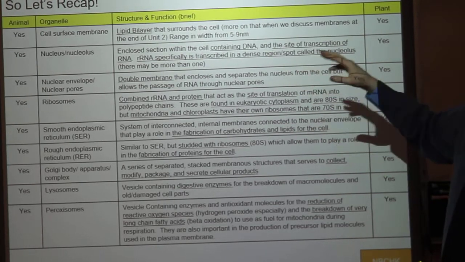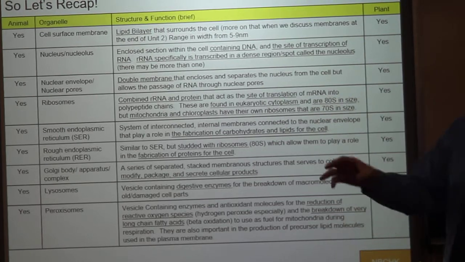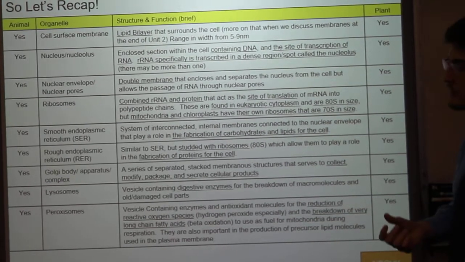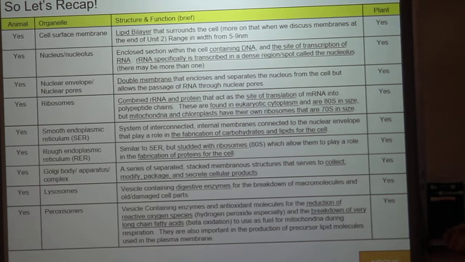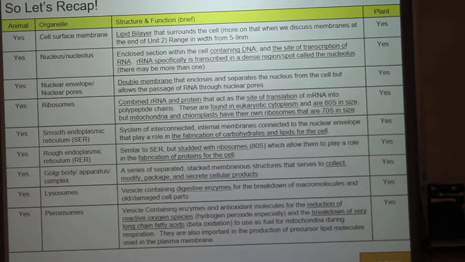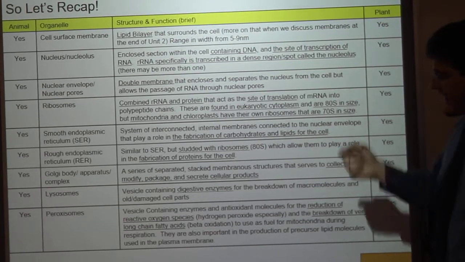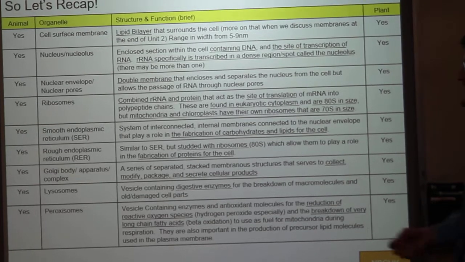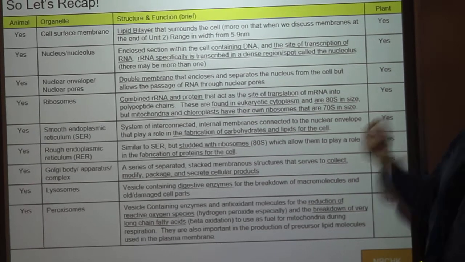Now, ribosomes are these organelles. They are not membrane-bound organelles, but they are structures that are important for the metabolic processes of the cell. They're combined rRNA and protein. They will be the site of translation, the production of proteins, the synthesis of proteins, polypeptide chains.